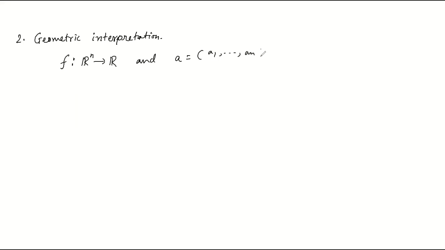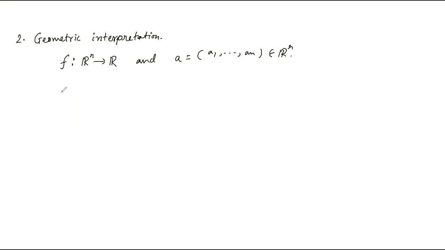Well, now we move to the second sub-item, geometric interpretation of partial derivatives. So consider f a function from R^n into R, real valued, and a equal to the n-tuple (a1, ..., an) belongs to R^n.